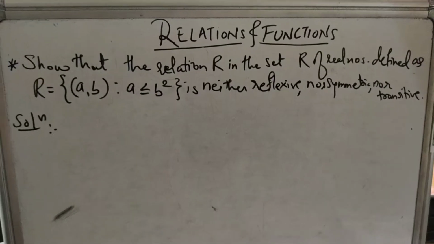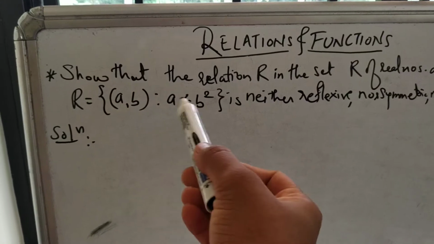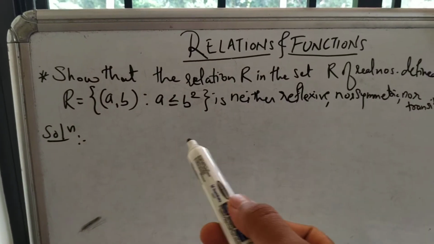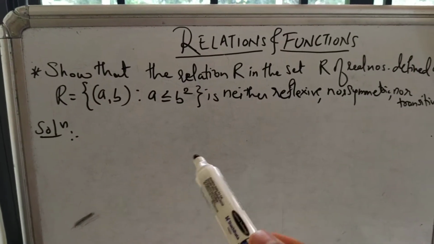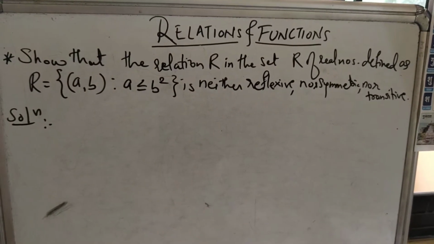So our relation is defined as a set of ordered pairs where a is less than or equal to b², and we have to show that the relation is not reflexive, not symmetric, as well as not transitive.